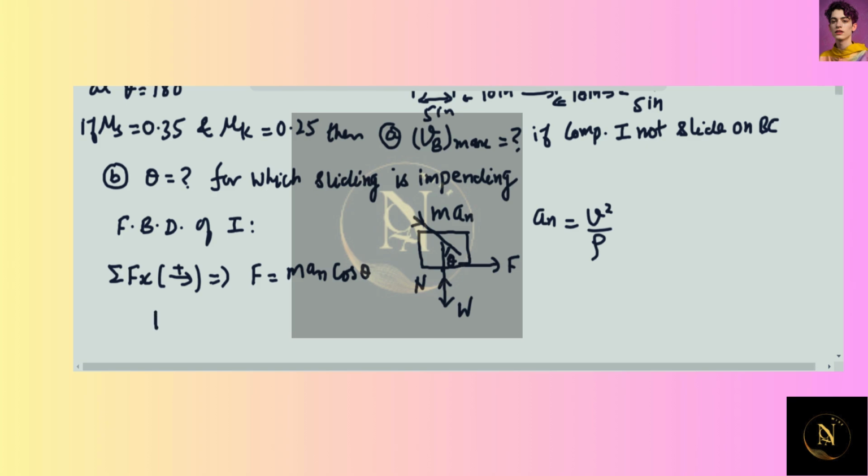We can write the mass in terms of weight. So weight divided by g. Normal acceleration is v square by rho into cos of theta. Say equation 1.